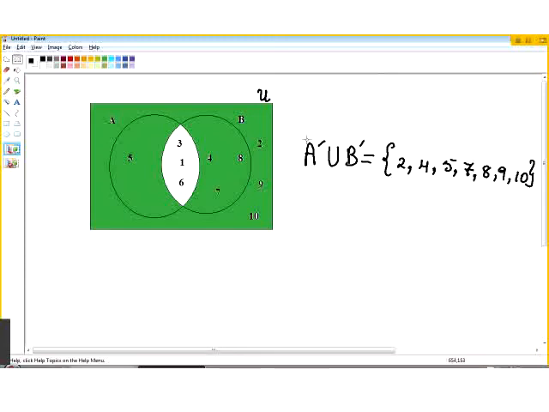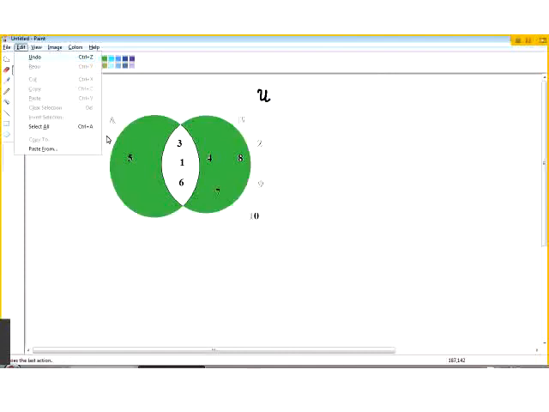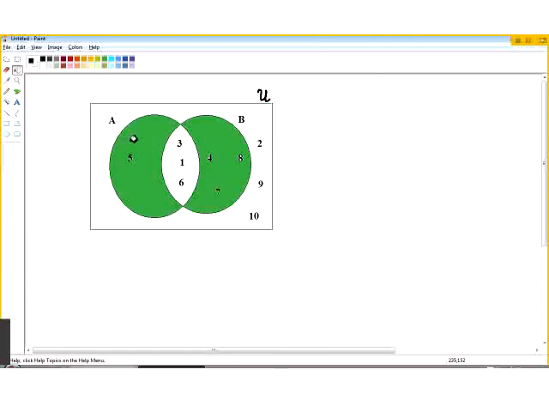So let's move on from complement. Let's look at questions with number of elements. Just a quick question with number of elements. I'm clearing and taking all the colors out.